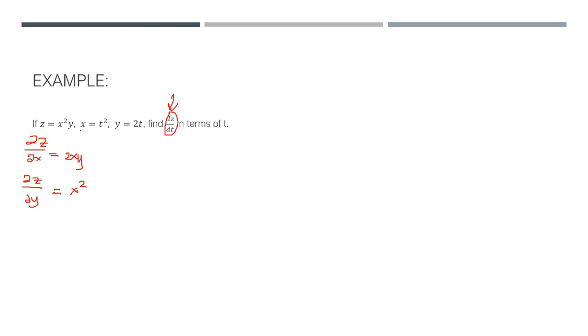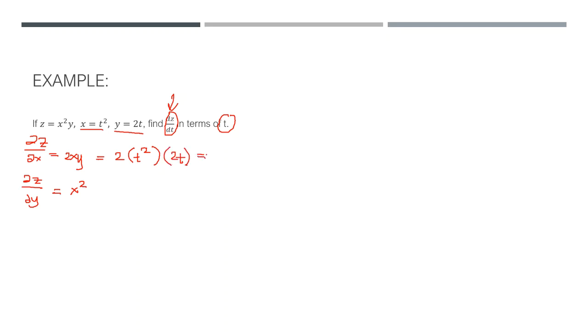And take note, we have a value for the x and the y here. So we'll be substituting that to the partial derivatives that we have got. So from here, this would become 2 times the value of x, which is t squared, because again, we are deriving in terms of t, times y, which is 2t.